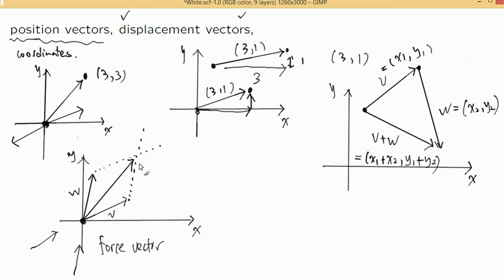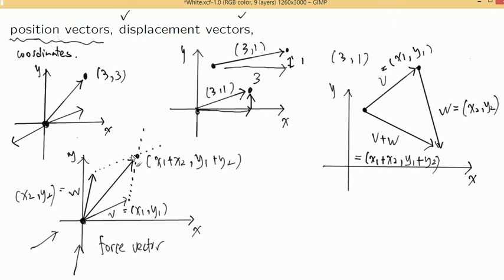All right, what's the answer here? If this is x1, y1, and this is x2, y2, what is this position vector? Same thing: x1 plus x2, that's the position vector, and y1 plus y2. That vector is just that.